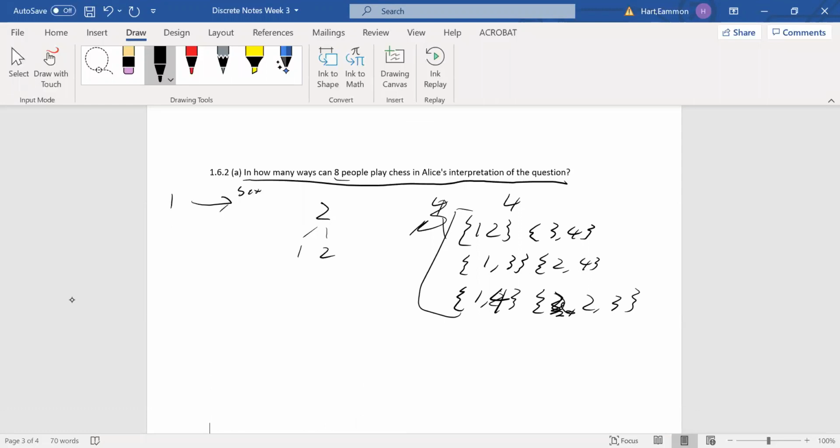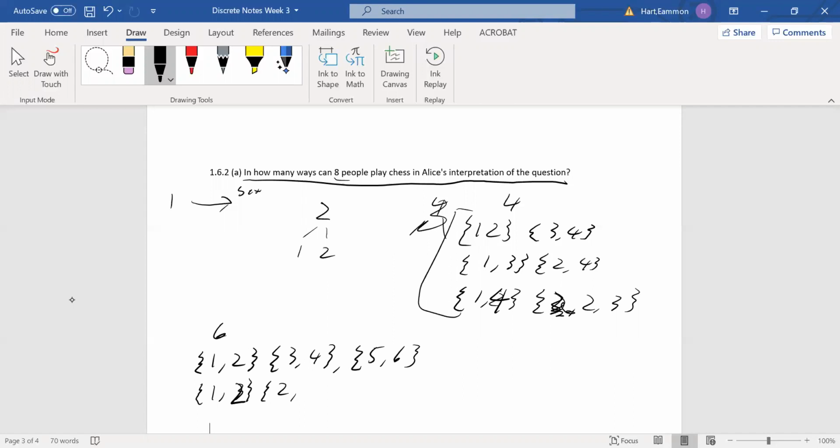What about six? Six players. So we can have one paired with two, and then three paired with four, and then five paired with six. We can have one paired with three, and then two paired with, let's do a different order.